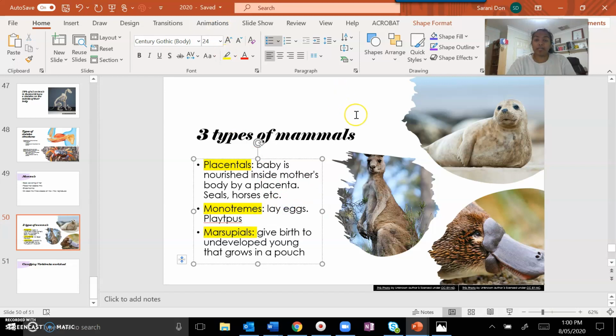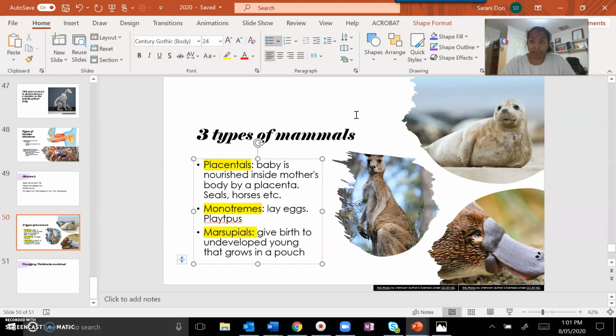With placentals, a baby is nourished inside the mother's body by a placenta. Seals and horses are placental mammals because they have their baby on the inside, nourished by a placenta. Monotremes, however, are mammals, but they lay eggs. We know platypuses lay eggs, so they're the special kind of mammals known as monotremes.